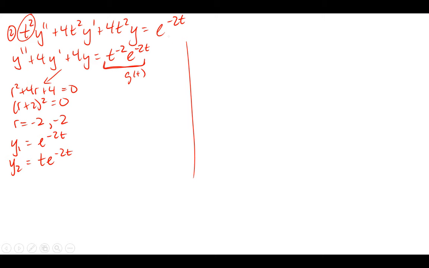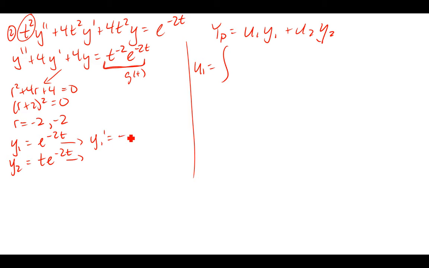All right, so let's have it. So yp is u1 y1 plus u2 y2. That's our guess. Well, it isn't really a guess anymore because we know it's going to work as long as u1 is this integral. Now, like I said in the last example, I think it's useful to write down the derivatives so that when I go over here, I don't have to go off and do a side problem.